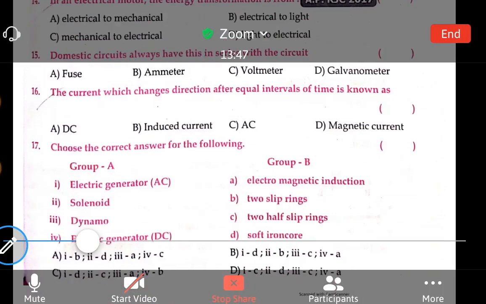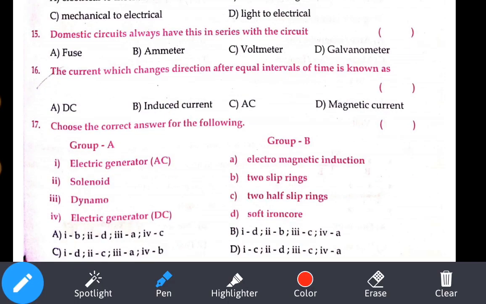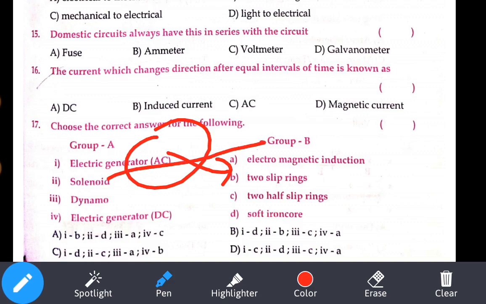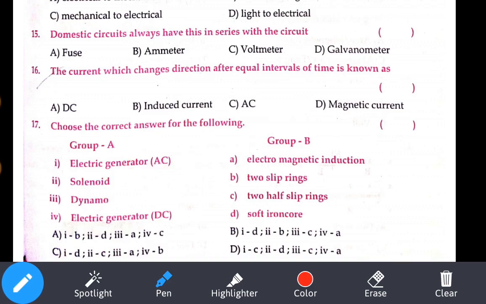Let's see the 17th question. Electric generator, AC. For AC, what will we use? Slip rings. Solenoid: solenoid is what? Electromagnetic induction. Dynamo: dynamo means what? Okay, wait, let's see it again.